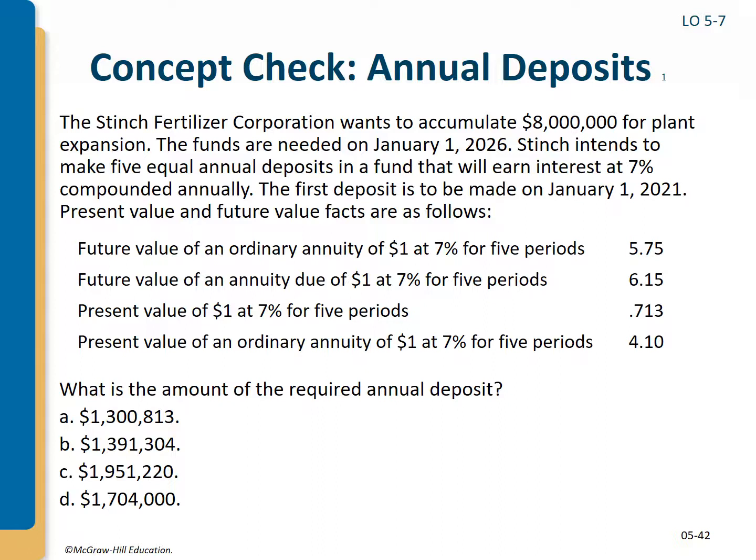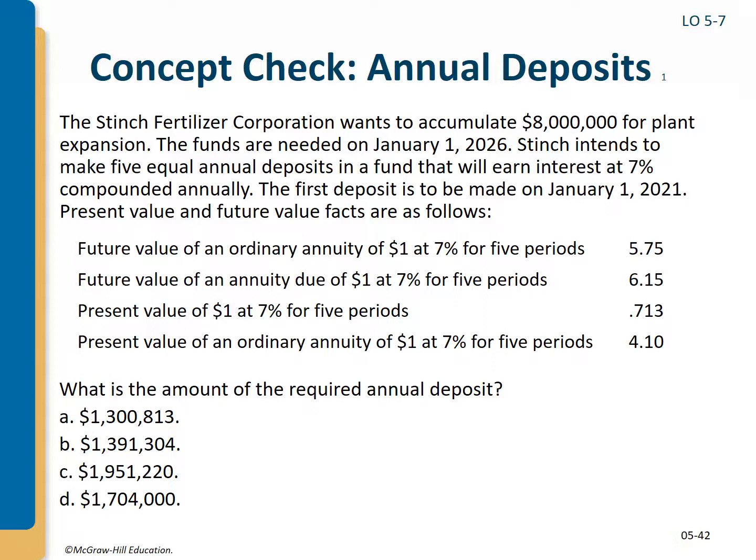So they want to accumulate 8 million, so we know that's a future amount. The funds are needed as of January 1 of 26. So I'm drawing a little timeline, and I put 1 of 26 all the way to the right. They want to make 5 equal installments, and there's the 25, 24, 23, 22, and 21.